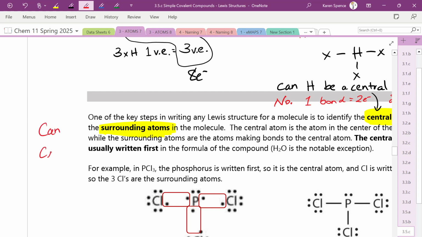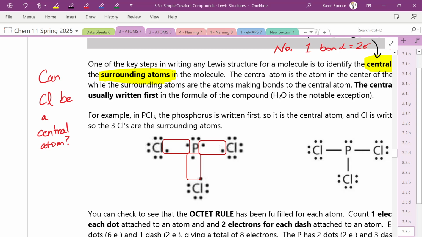can chlorine be a central atom? What should you be thinking about? You should be thinking about how many limbs. Yes.